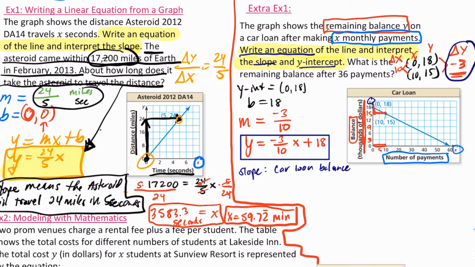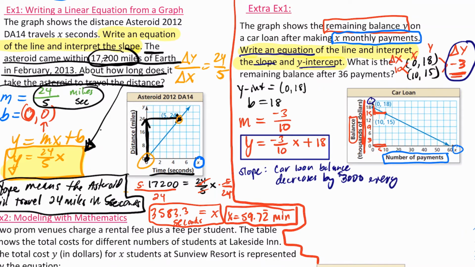I'm going to put decreases by $3,000 every 10 payments.